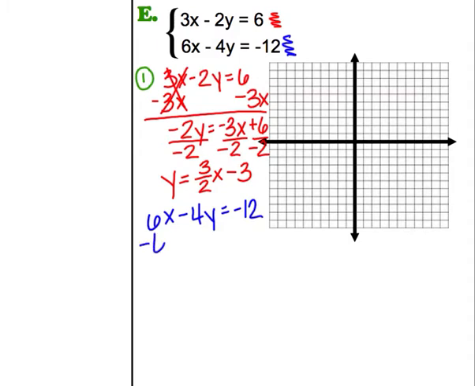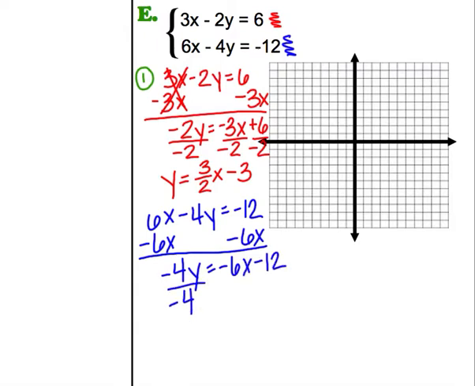So I'll first subtract 6x from both sides, giving me negative 4y equals negative 6x minus 12. Then I divide by negative 4, divide by negative 4, divide by negative 4, which gives me y equals positive 3/2, because 6/4 reduces to 3/2, x plus 3.